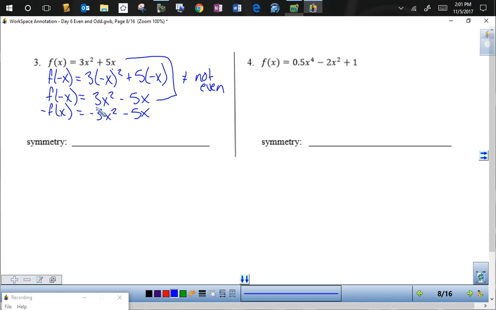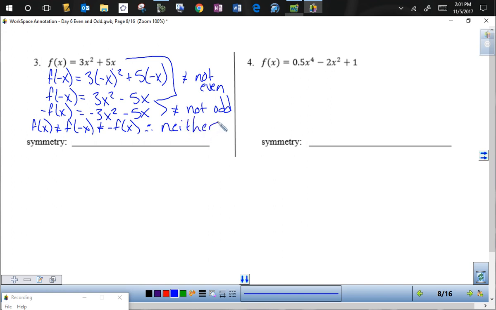Notice our 3x squared here is positive and our 3x squared here is negative, so these aren't equal either, so it can't be odd. So we will say f of x was not equal to f of negative x, and that was not equal to negative f of x. Therefore, it was neither even nor odd.